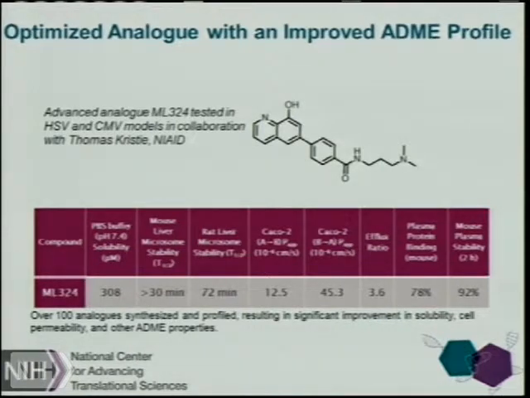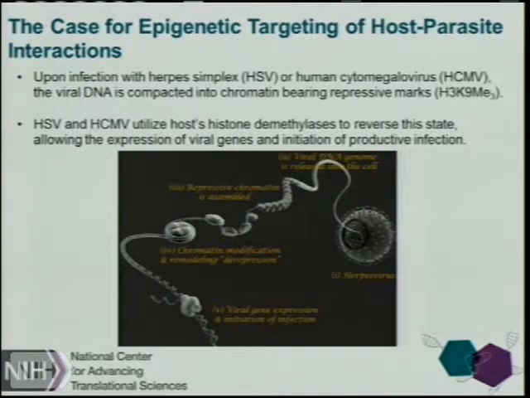So it was purely by chance that we collaborated with an intramural investigator here on campus, Thomas Christie from the Infectious Disease Institute, to test a new biological hypothesis, which is that maybe through affecting the host histone demethylation machinery, one can affect viral infection.